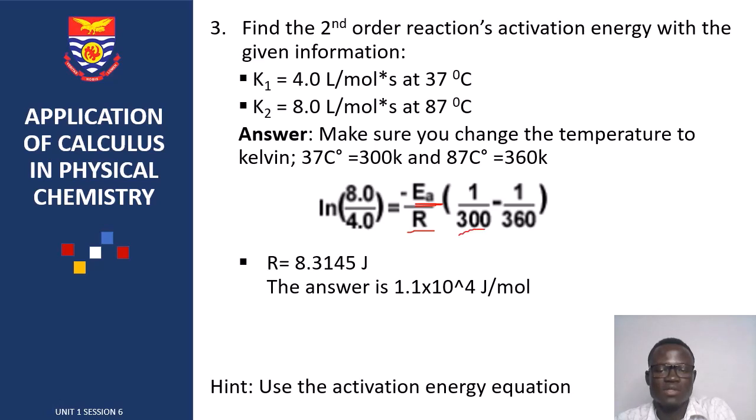Then these are the various temperatures. Note that you have to convert the temperature in degrees Celsius to Kelvin. To do that, we simply add 278 to the value given to us in degrees Celsius, and doing that, the answer becomes 1.1 times 10 to the power 4 joule per mole.